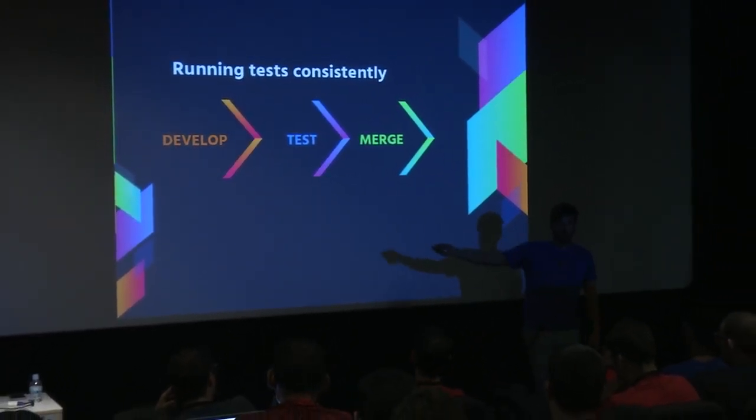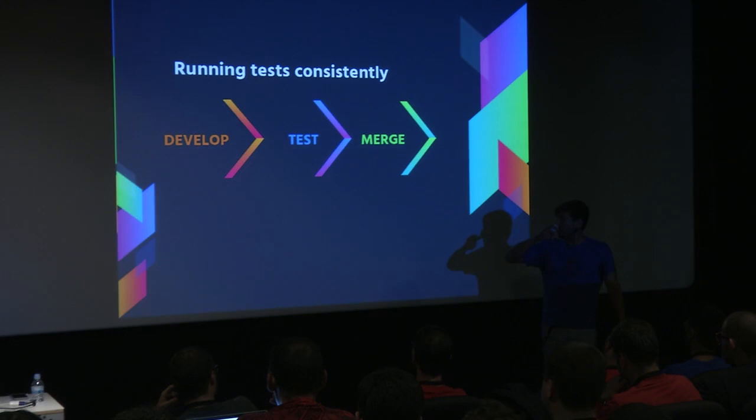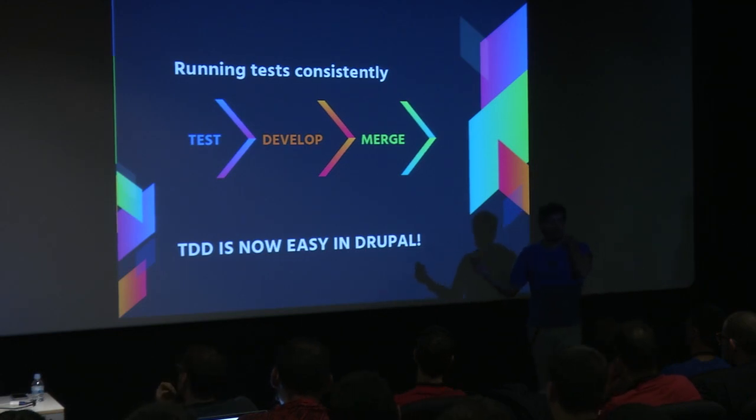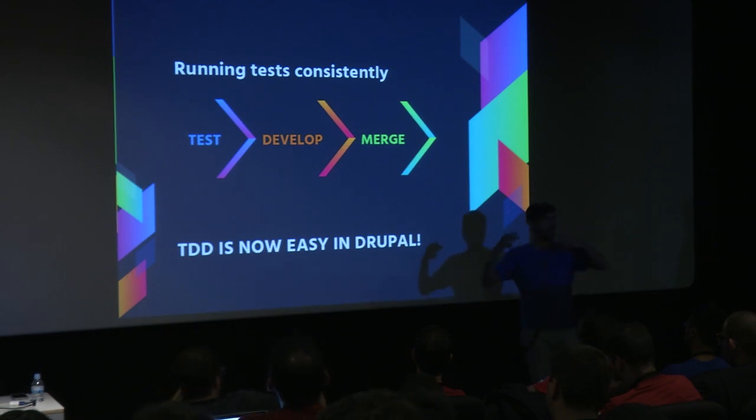That's what you do with the old simple test. But having unit testing in core now lets you do it in the test-driven development style. So what that is, you create a test that fails because there is no feature that implements that test. So you want to implement something.